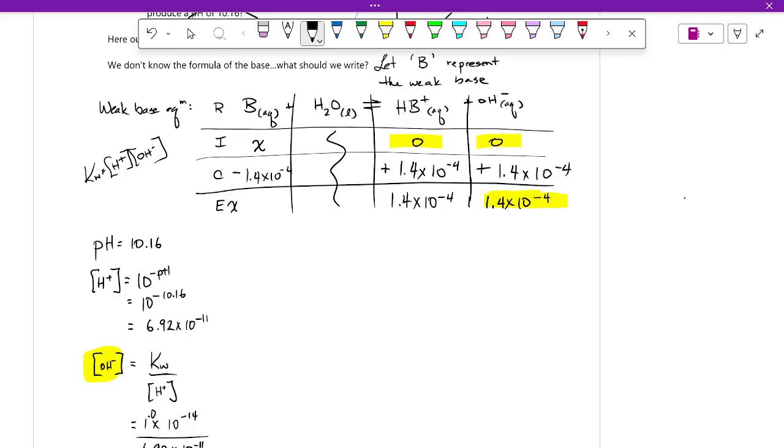This is going to be x minus 1.4 times 10 to the negative 4. Whew. Okay.